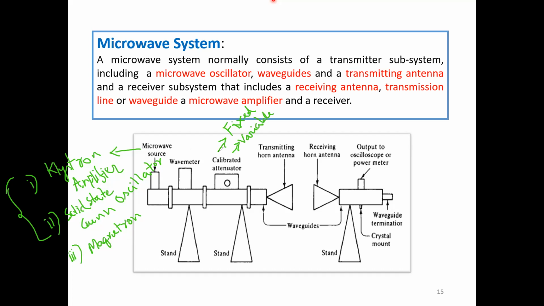There are also the transmitting horn antenna and receiving horn antenna, and the microwave will pass between them. And that is the waveguide terminator and output to oscilloscope or the power meter. These are the things we can see in the microwave system.